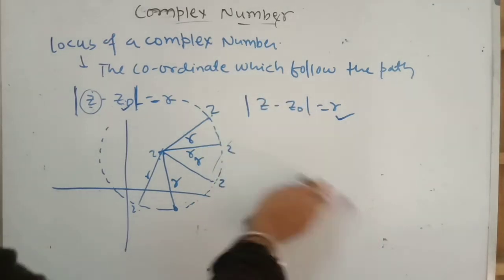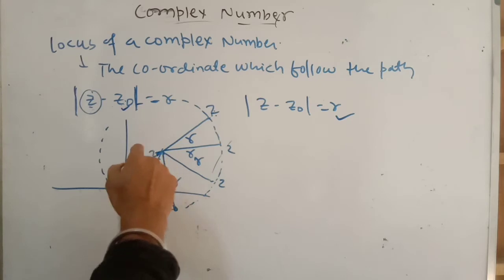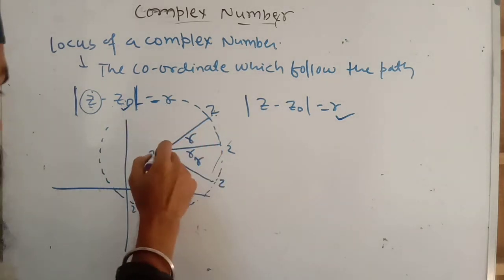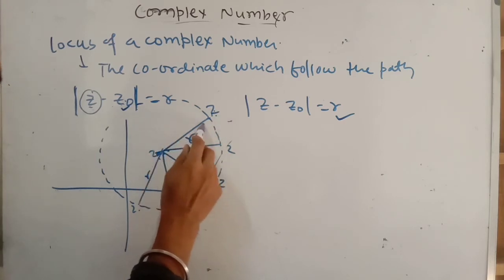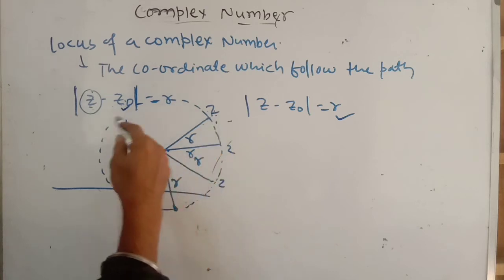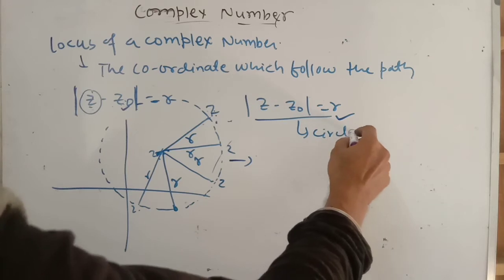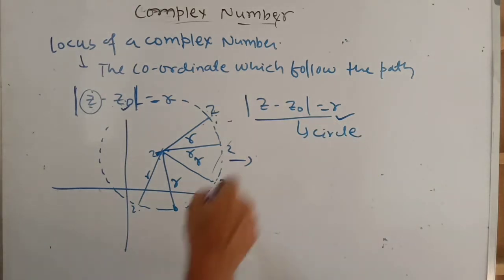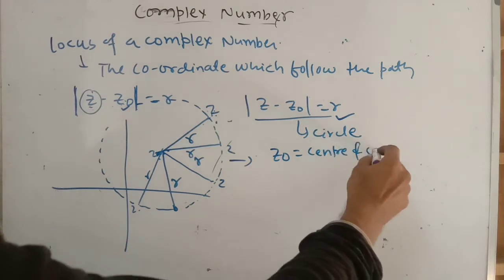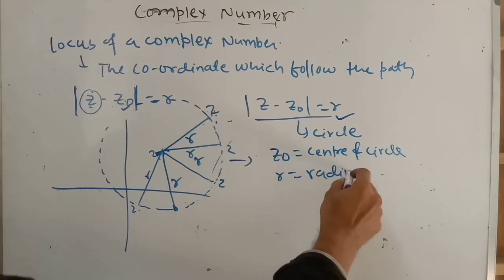So similarly here, the distance of z from z naught is constant, z naught is a fixed point, and the distance is also fixed. So the path followed by this complex number is a circle. This is the circle equation, where z naught is the center of the circle and R is the radius of the circle.